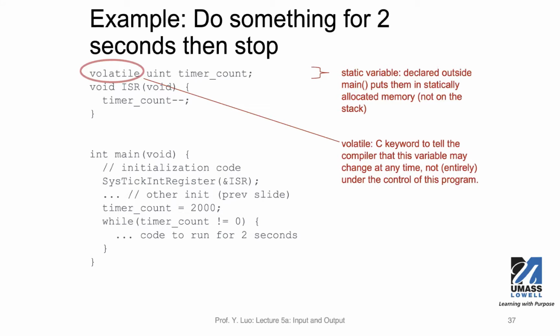So volatile really tells the compiler that this value should not be cached, and should be treated effectively to immediately update it whenever this value is updated in memory.